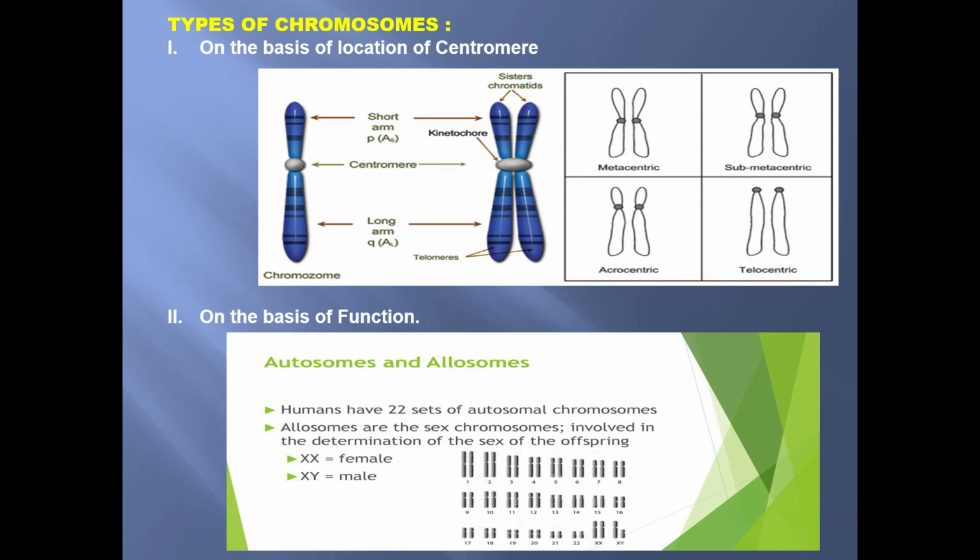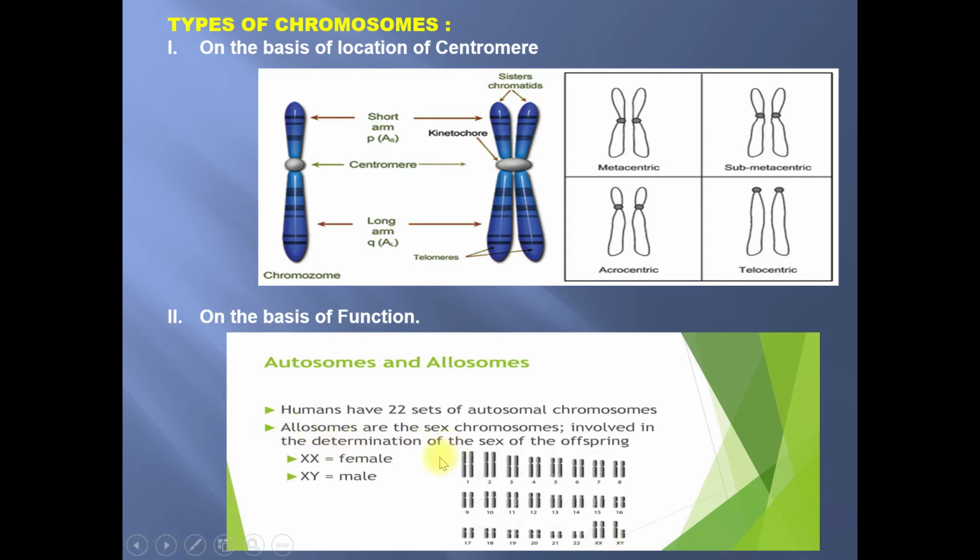Now the 1st to 22nd pairs of chromosomes carry heritable features that are responsible for body features, and they are called autosomes. The last pair, the 23rd pair, is the allosome or sex chromosome, which is responsible for determination of the sex of the offspring.